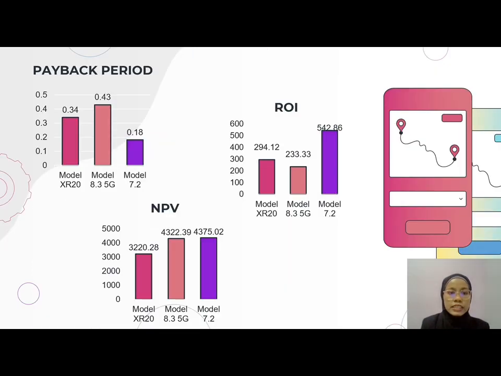So this is the graph for payback period, ROI, and NPV for each model. So in this graph, we can see that for the payback period, model 7.2 has the shortest time needed to pay off the investment. And for the ROI, we can see that model 7.2 has the highest efficiency of investment with 542.86.